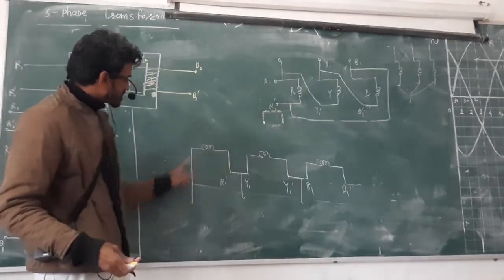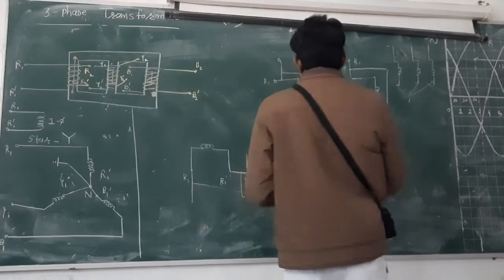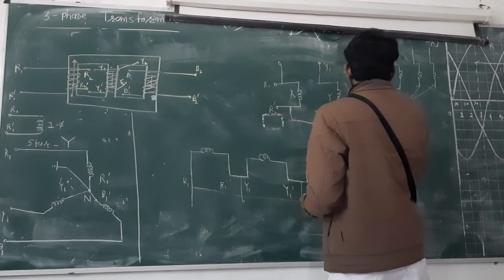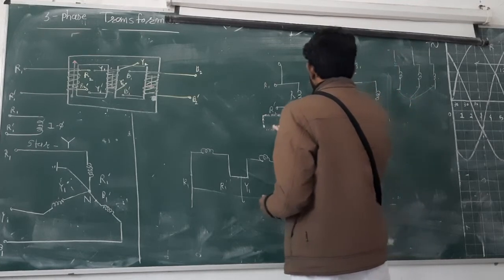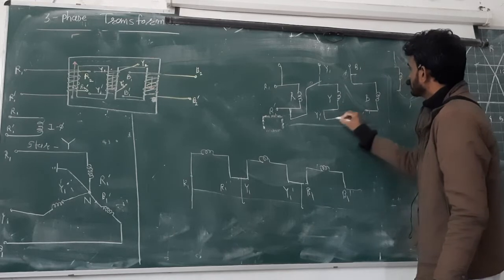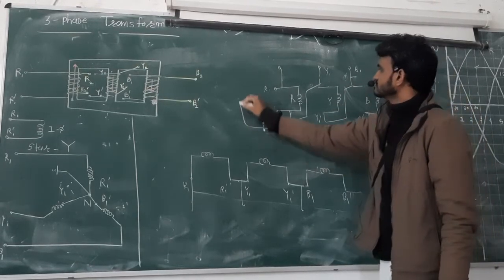Or also you can connect in this way. So here if I change, then it will look like this. R1 dash, it will go in here, then it will go in here, and then it will come back to the first.